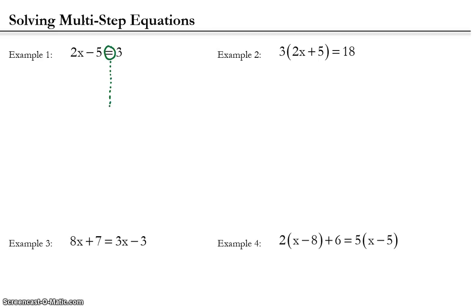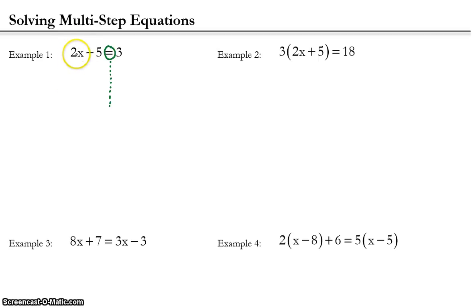If I'm currently dividing, I need to multiply. The inverse operations means that I need to use my order of operations backwards. Long story short, when solving, you're going to add or subtract to the other side before you multiply or divide to the other side.